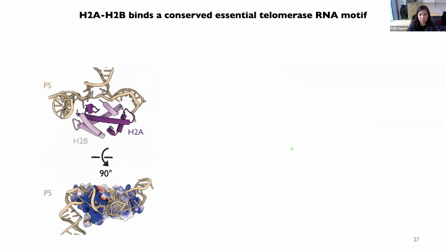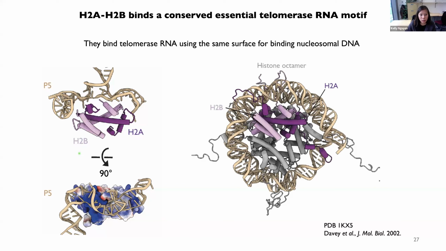And not surprisingly, as you can see here in this surface charge, it uses a very positive charged surface to bind RNA. Also remarkably, if one puts our structure side by side with the nucleosome structure, with the histone dimer oriented the same way, it binds RNA in a very similar way to how it binds DNA.